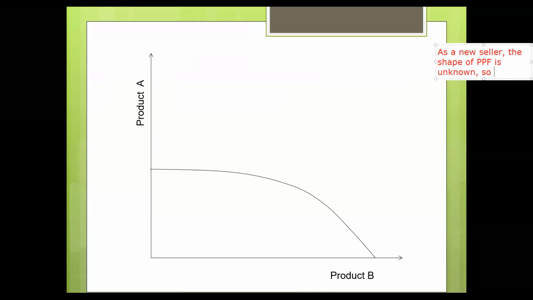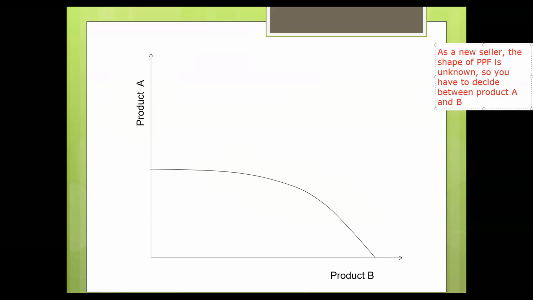So you have to decide between product A and B in terms of how much you will produce. So that is the problem now.